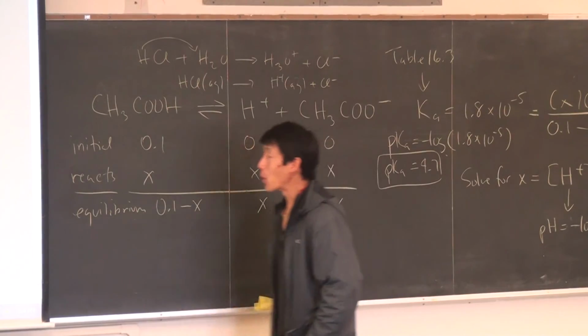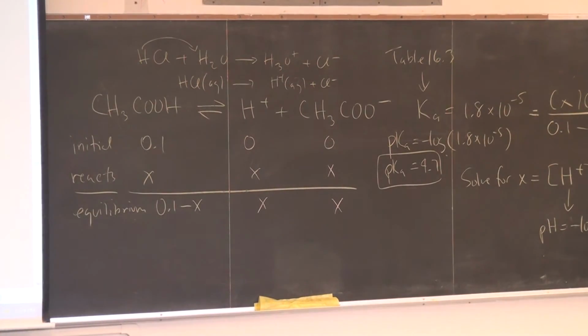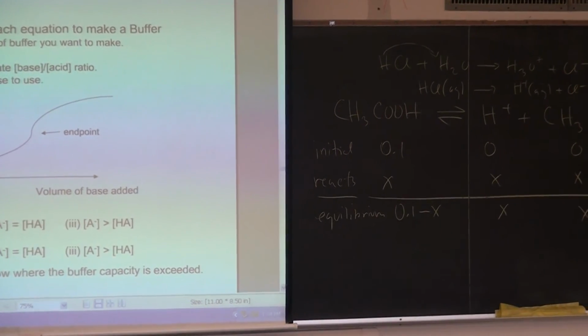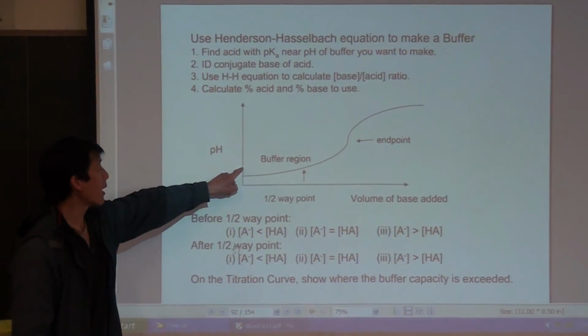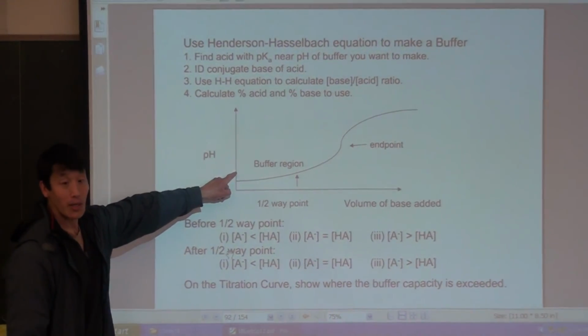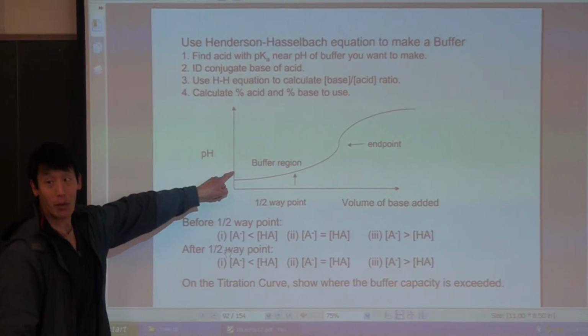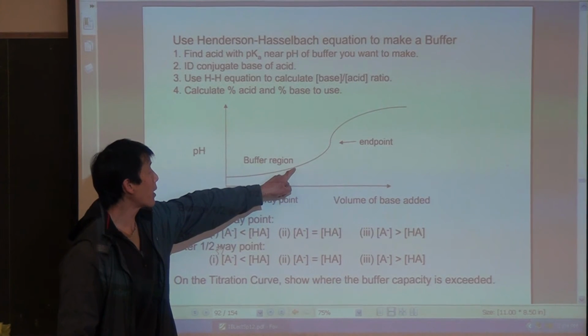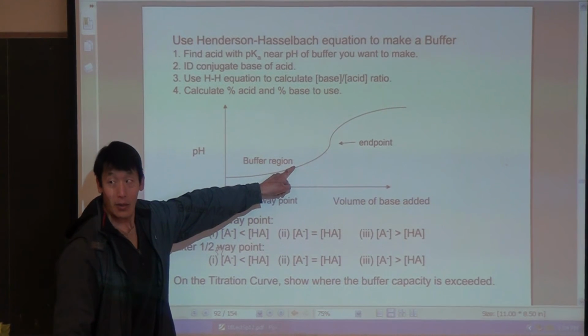So for acetic acid, at this point here, the pH is going to equal the pKa, or 4.7. Now, if you want to make a pH 5 buffer using acetic acid, you're going to be somewhere right up there.